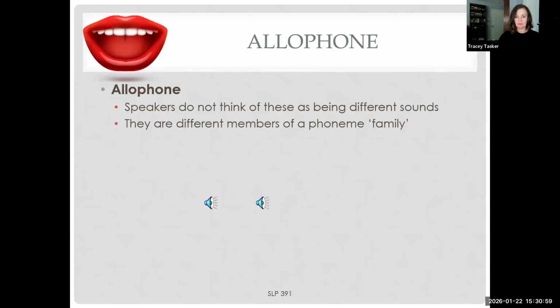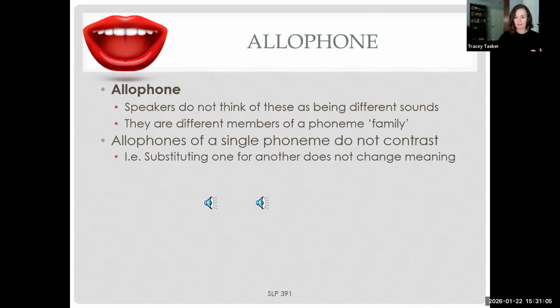Allophones are not necessarily something that we think of as being a different sound. They're still part of the same sound family. I gave you the example of how I say R in daughter versus how you might say daughter. You still recognize the R at the end of those words.